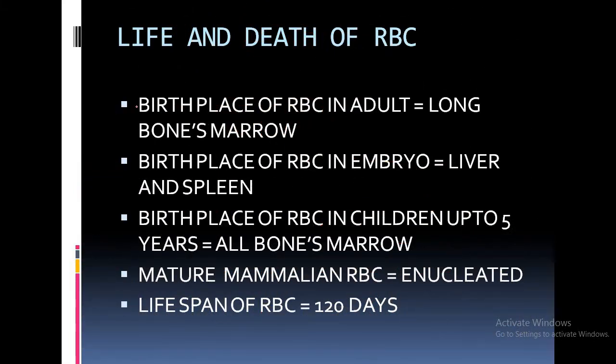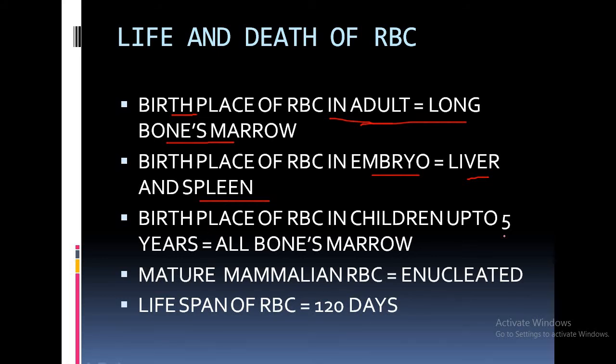Then, life and death of RBC. The birthplace of RBC in adults is the long bone marrow. In standard 9, you have studied about the long bones like femur and ribs. So in the long bone marrow, the RBC in adults will be formed. The birthplace of RBC in the embryo is liver and spleen. In the digestive system, we have studied about the liver, and the spleen is at the back of the stomach.